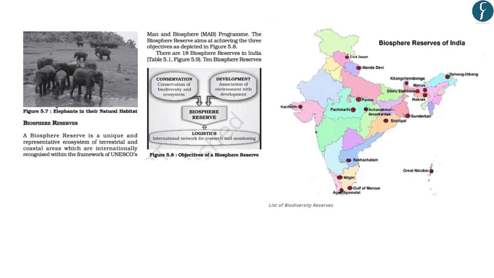So, according to the NCERT, a biosphere reserve is a unique representative ecosystem of terrestrial and coastal areas. And some of these biosphere reserves have been added to the Man and Biosphere program of UNESCO. And the biosphere reserves that are added in the Man and Biosphere program of UNESCO are also known as the World Network of Biosphere Reserves of UNESCO.